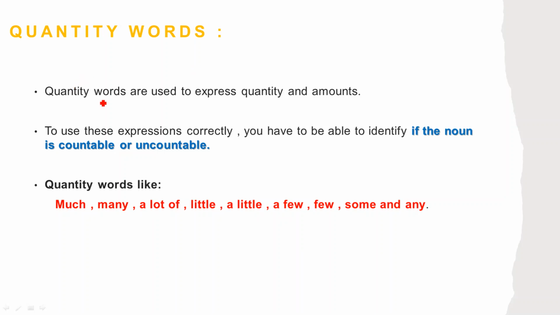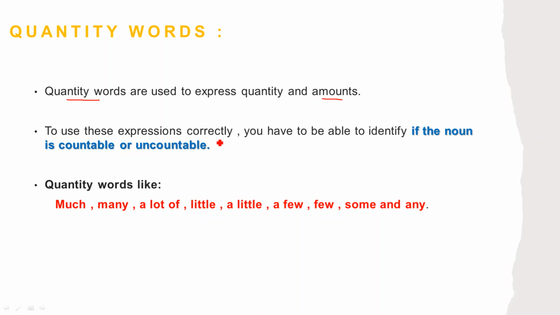Okay. Now quantity words are used to express quantity and amounts. So first, what are quantity words? It is a bunch of words that we use to express quantities and amounts. They are words used to talk about the quantity of a thing or things that I have.